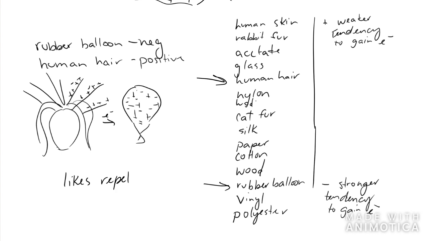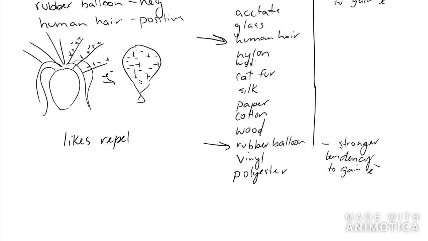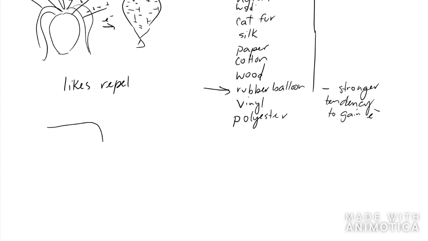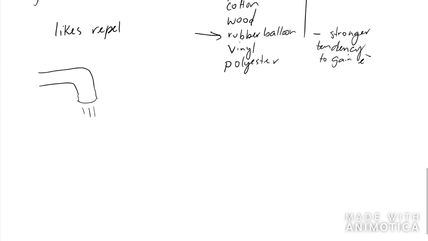The other cool thing you can do with this is that you can do this with a comb or with a balloon, and you can put it towards water. So if you take your water faucet, and we would actually do this in class, and you had water coming out, and you put this charged balloon, once you rubbed it on your hair, what would happen is this water, which is neutral, would be, well, what did we say?